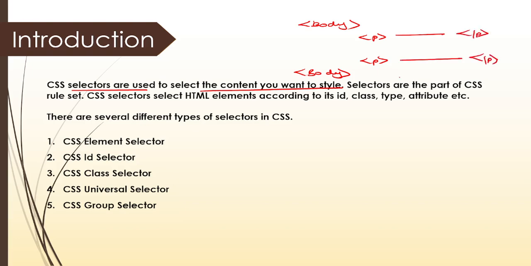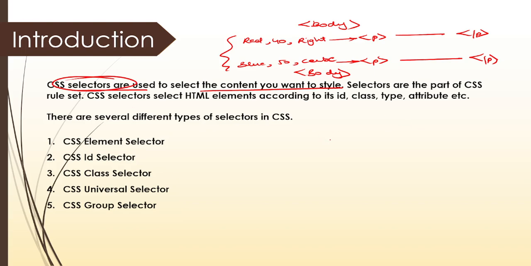Now in my web page, I want to give this paragraph red color, 40 font size and right alignment. But in this paragraph, I want it to be in blue color, 50 font size and center alignment. For this you always need selectors. So this is the importance of selectors.